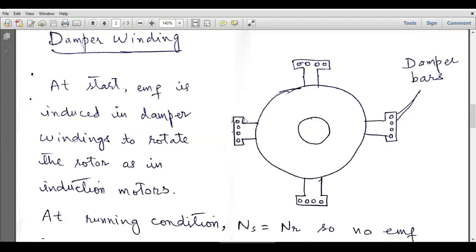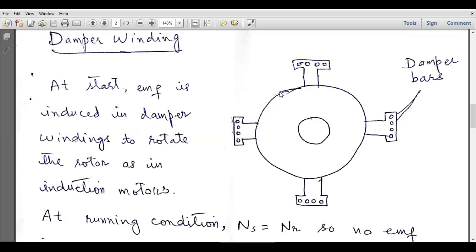When the motor gains the maximum speed, the magnetic field of the rotor will be locked with the stator magnetic field, and the motor will start running as a synchronous motor. So the rotor will be synchronized with the stator magnetic field.